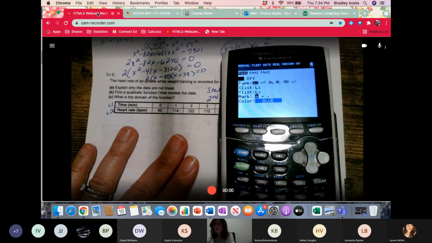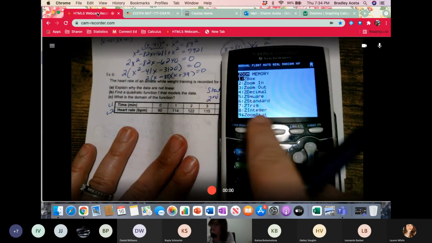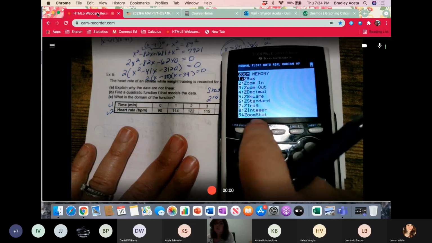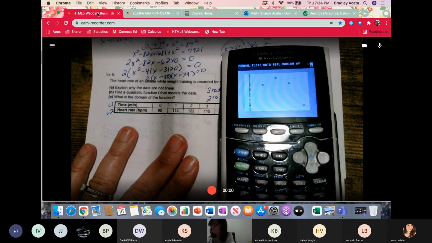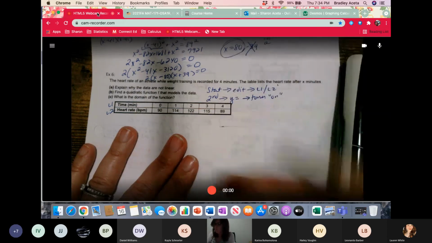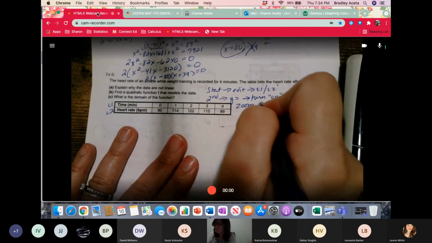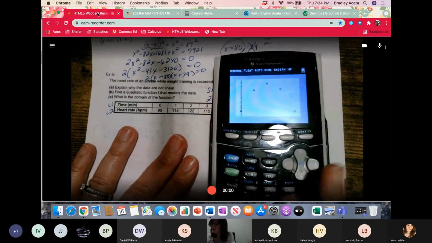And then you want to tell the window to only graph your statistics, because that's where you went to stat. So you hit zoom stat, which is zoom 9. And there you go. Zoom 9. And it gives you a pretty good graph.